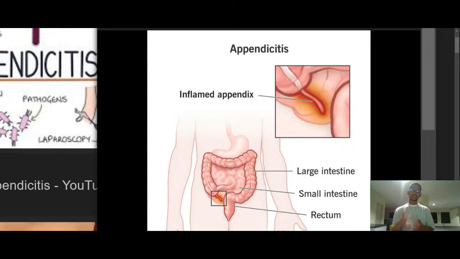Intestinal obstruction can also cause this pain. There could be something called a mesenteric adenitis, which is inflammation of the lymph nodes in the mesentery. You can get a perforated peptic ulcer, a peptic ulcer which perforates, causing that abdominal pain, or perhaps inflammation in the colon, known as a colitis.